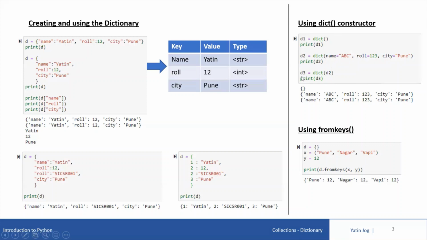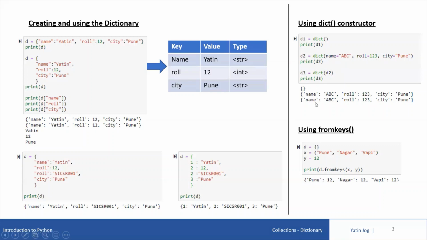And then you can pass a dictionary object itself to the dictionary constructor. That is a third way of using the dictionary constructor. So I can say D3 is equal to dict into brackets D2. What this will do is take dictionary D2, whatever D2's key value pairs are, all those elements will be considered as part of the dictionary constructor and will be stored into D3.